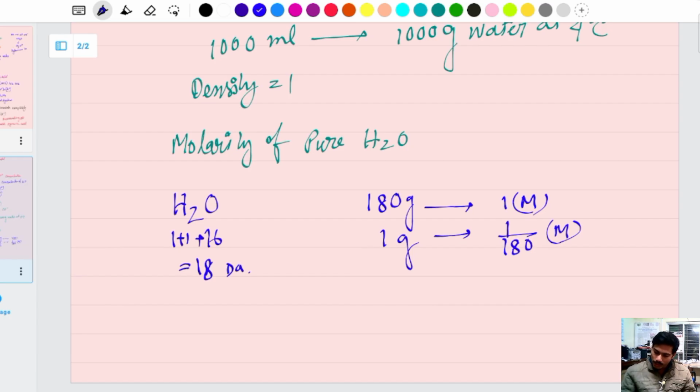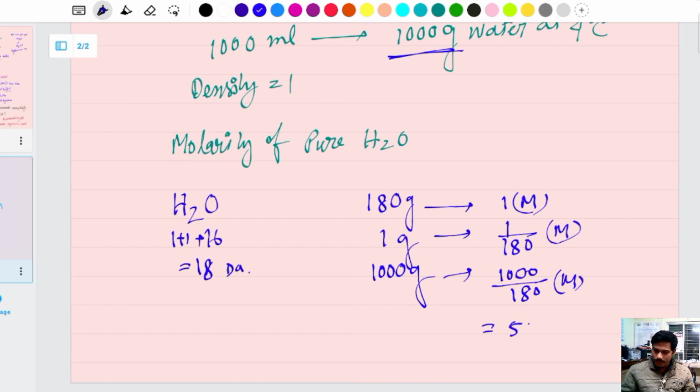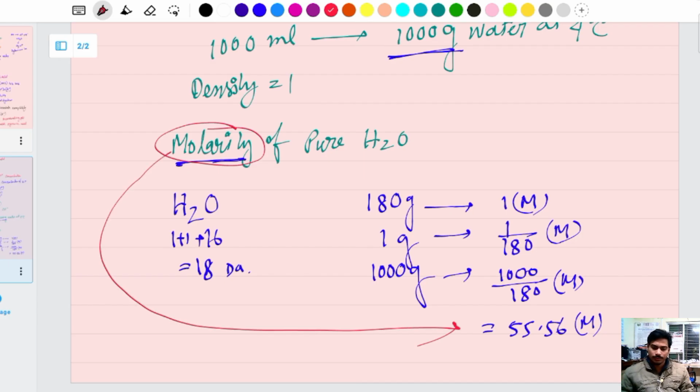Now for 1000 gram, it is 1000 divided by 18 molar. It will be 55.56 molar. That will be the molarity of the water. Hope that you guys can understand this.